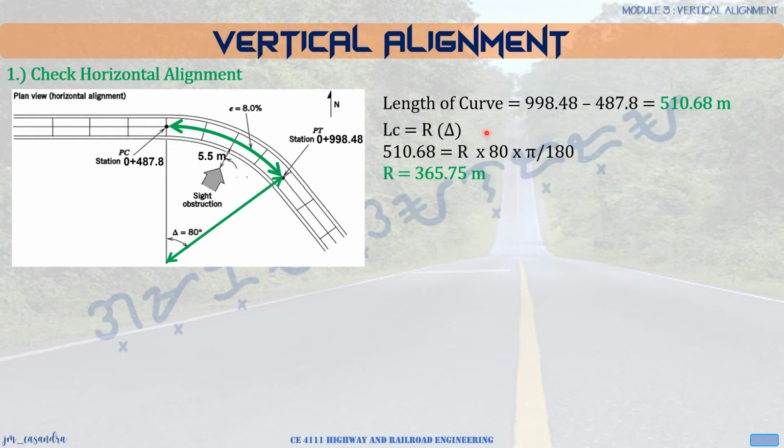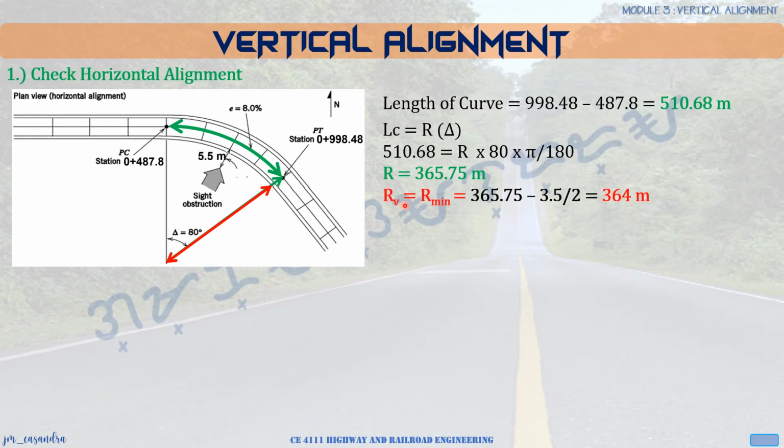365.75. And we know that for our design for horizontal alignment, we have to identify the distance between the center of the curve and the middle or the center line of our roadway.